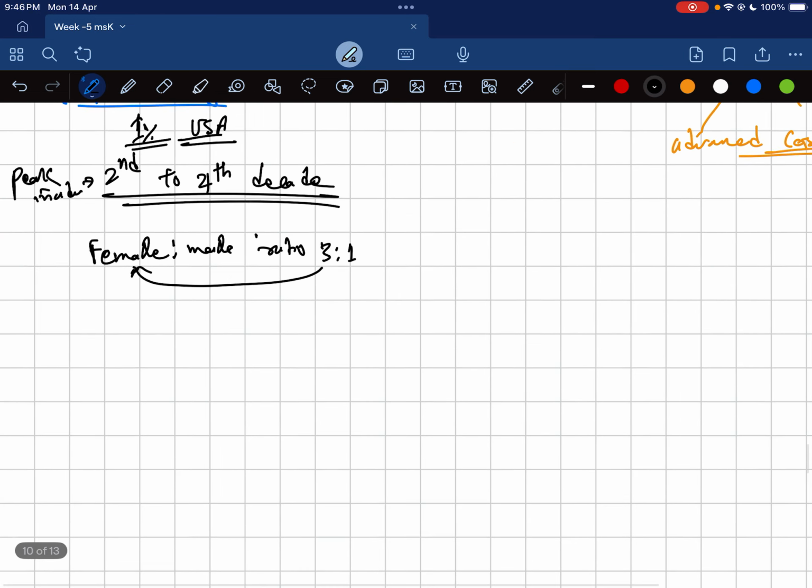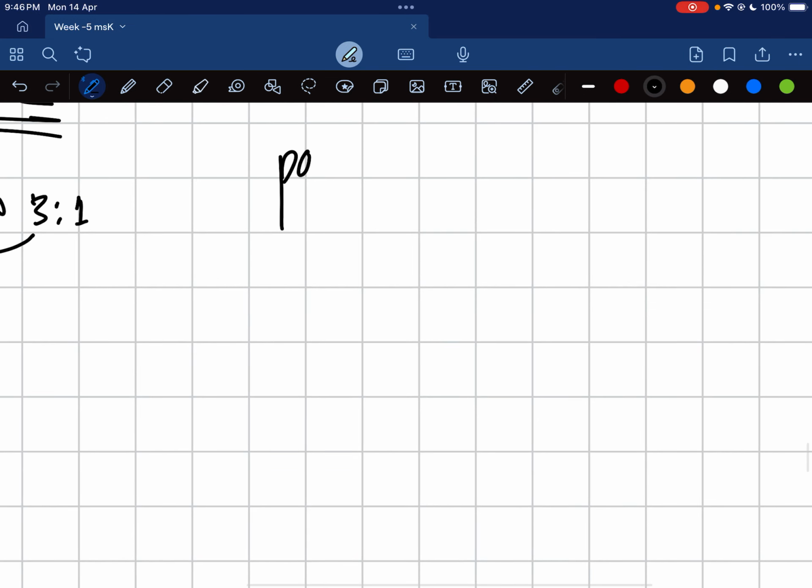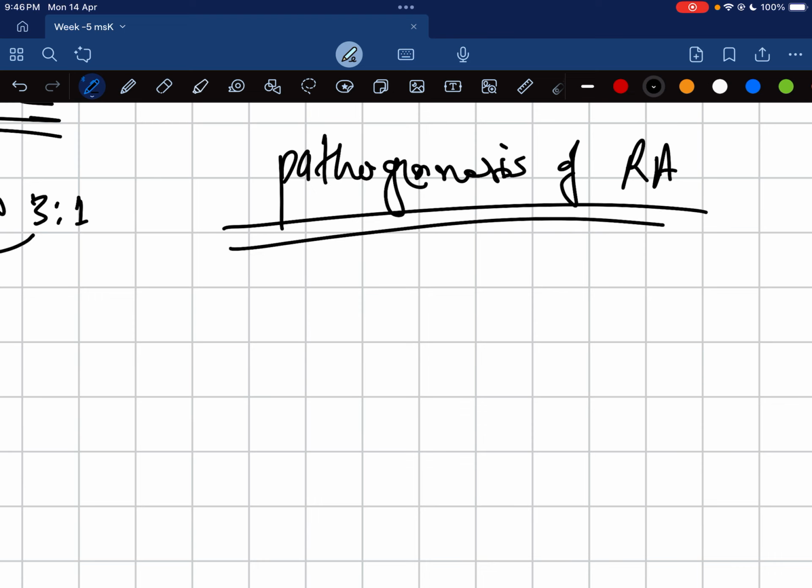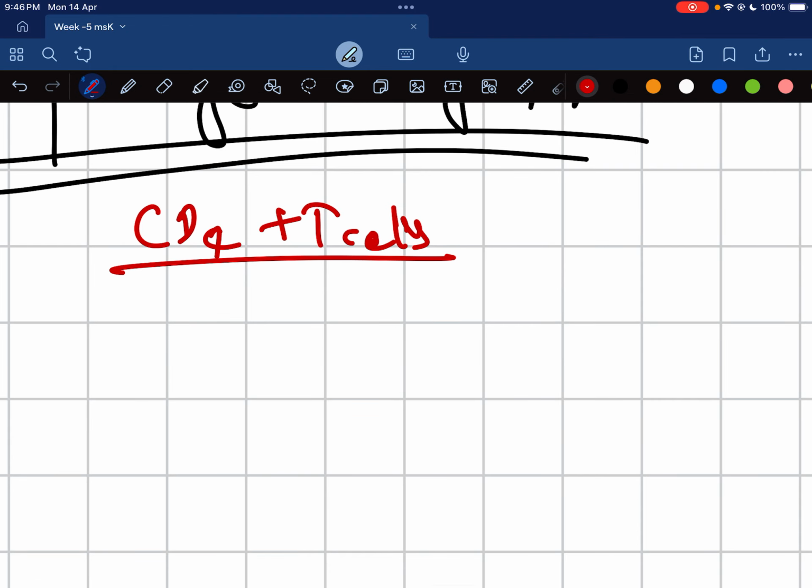Now we are going to discuss the pathogenesis of rheumatoid arthritis. This is a revision video; you can look at Robbins. It is initiated by CD4 T cells, and then autoimmune inflammation occurs in the joints.